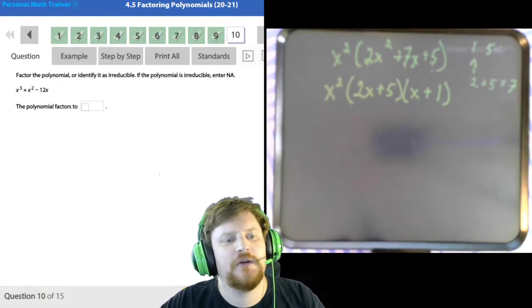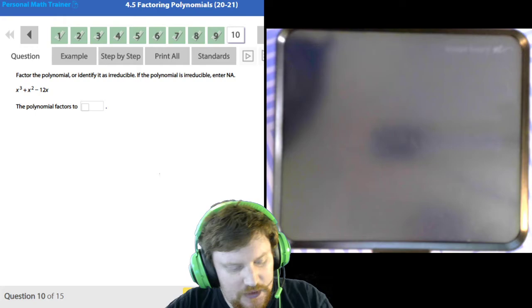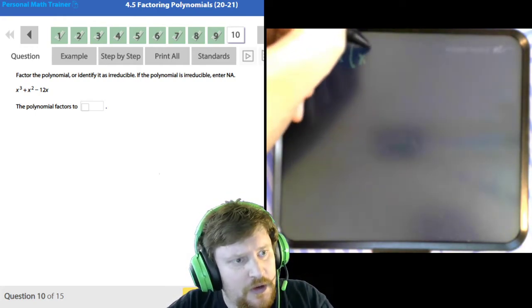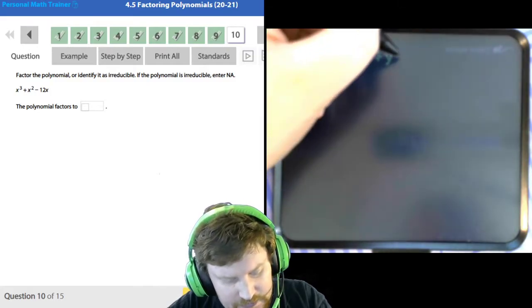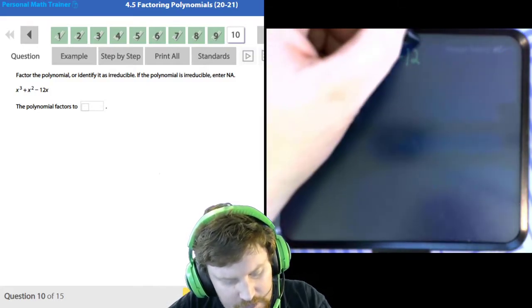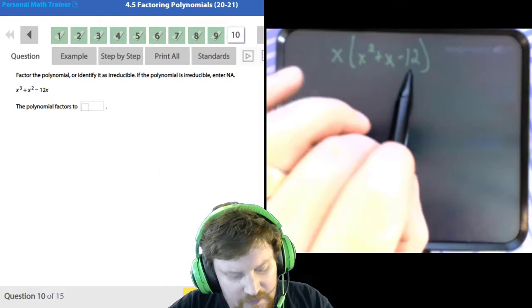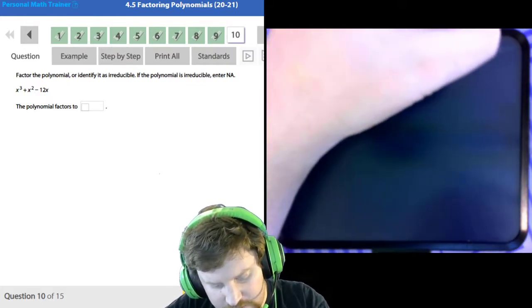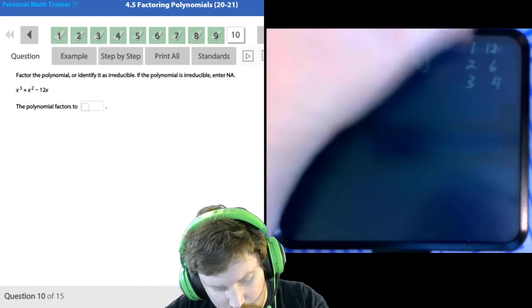Factor the polynomial, etc. Same question. This time it's an x that factors out: x squared plus x minus 12. Factors of 12 are 1 and 12, 2 and 6, 3 and 4.